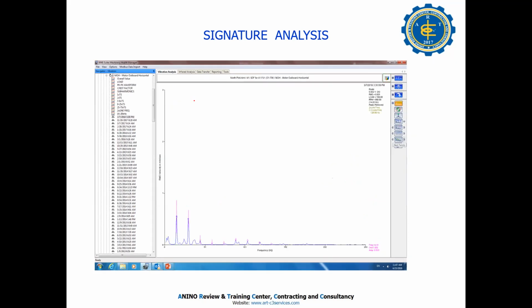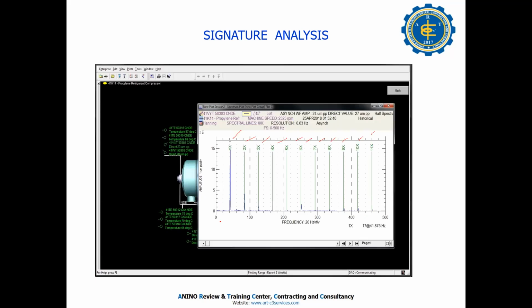So here, 1x, 2x, 3x. But in our system one, we can go directly to 1x, 2x, 3x.